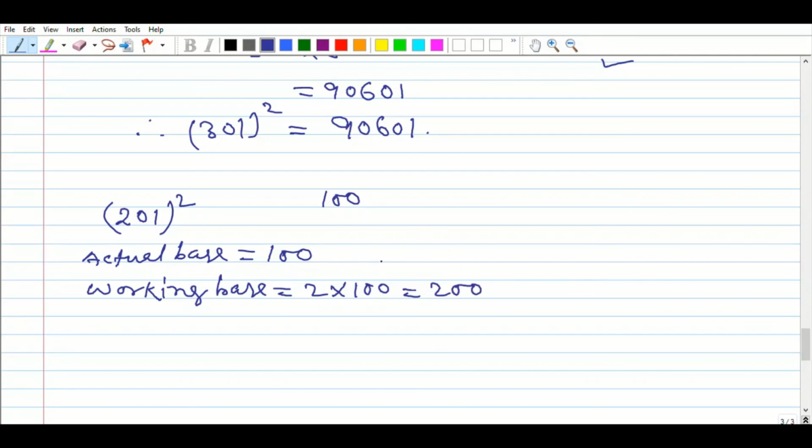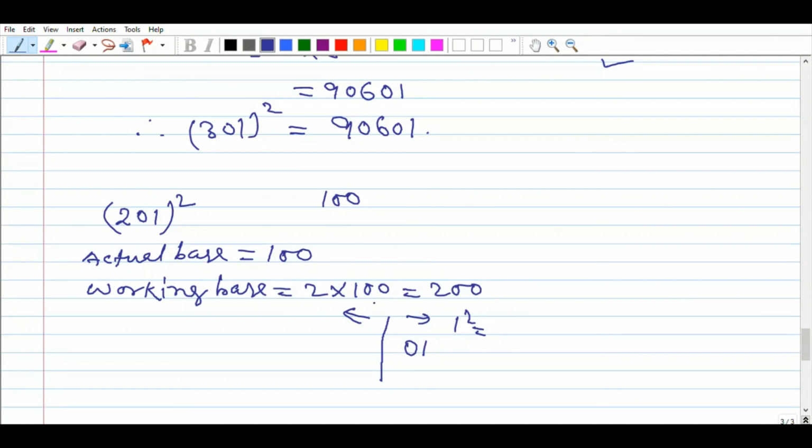Now this is the left hand side, this is the right hand side. Here is 1 more than 200, so we take the square: 1 square is 1, and we have 2 zeros, so we put 2 digits here, 0 and 1.